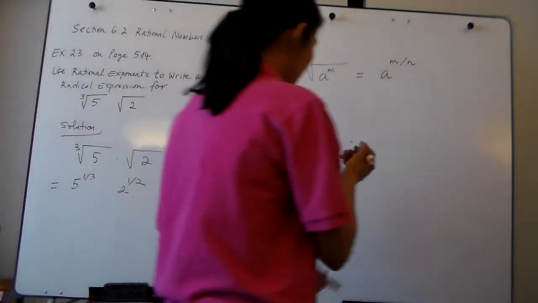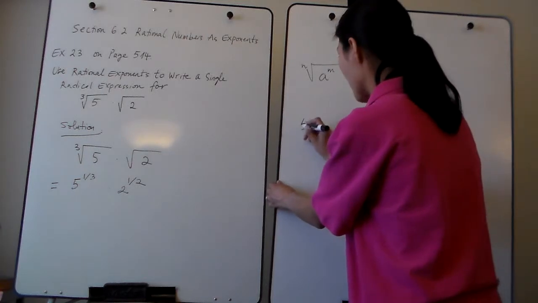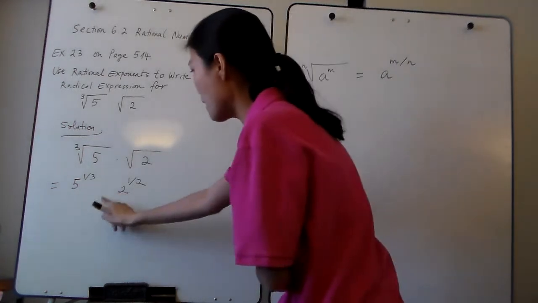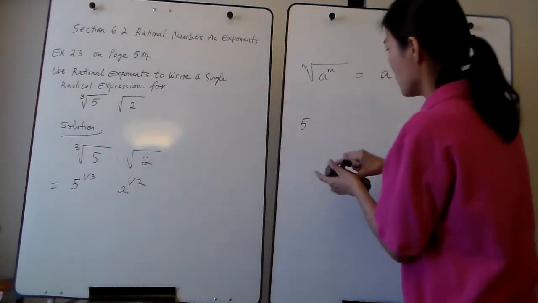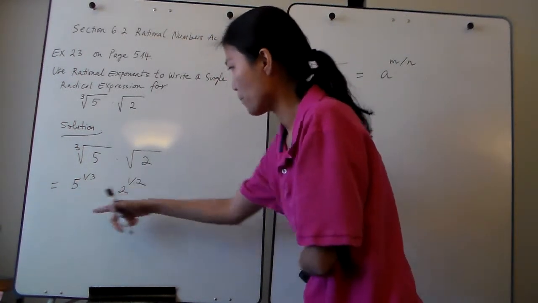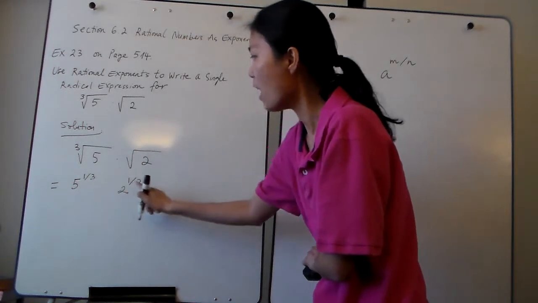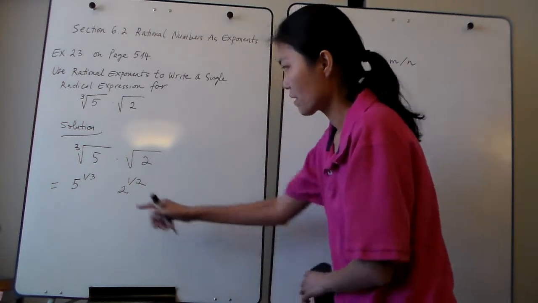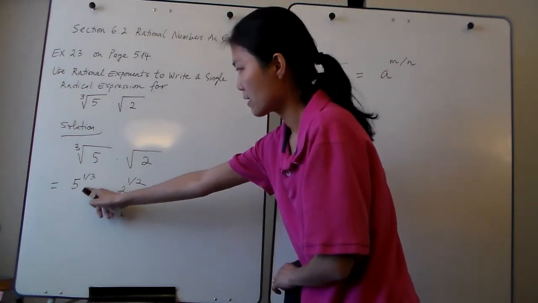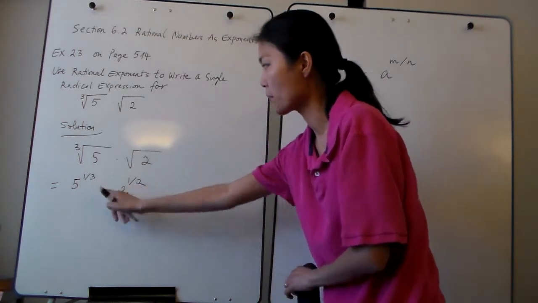So to combine the two exponent expressions, 5 to the 1/3 times 2 to the 1/2, this exponent of 5 and this exponent of 2 must have the same denominator. Now, the exponent of 5 is 1 divided by 3, and the denominator is 3.